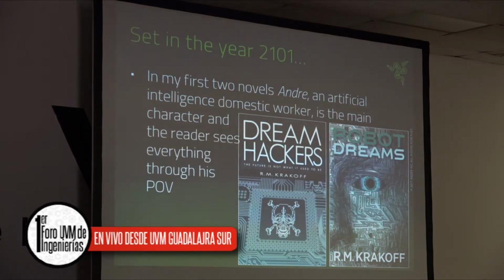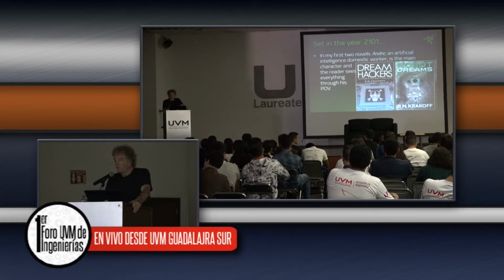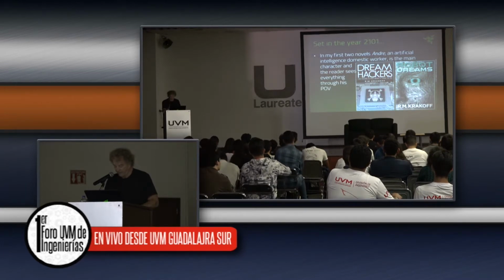Book number 3 of the trilogy is set about 45 years later, and I will call it my dream trilogy, and it's called Deadly Dreams. And that's kind of a mock-up of what the cover might look like.